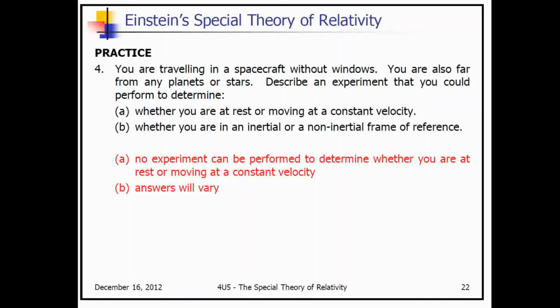You're traveling in a spacecraft without windows. You're also far from any planets or stars. Determine an experiment that you can perform to determine whether you are at rest or moving at a constant velocity. If you're traveling at a constant velocity, or if you are at rest, there would be no way of knowing the difference.